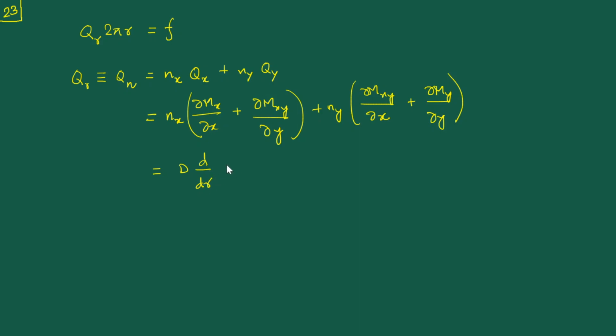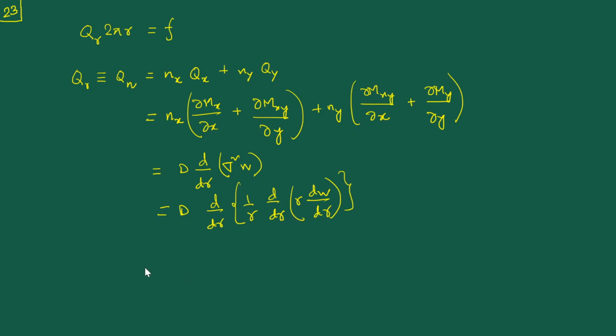But eventually the expression that you will obtain will be d/dr of del square w, and this del square w is just the Laplacian. So we have this thing. Okay, now what we have to really do is to utilize this expression back here and equate it to f.